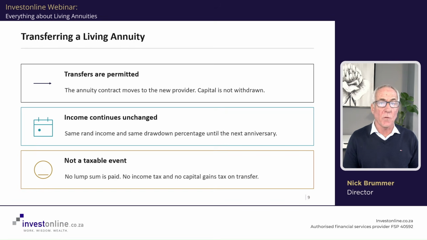It's not changed at all. Then at your next anniversary, you would be able to change your percentage drawdown as well. And it's not a taxable event. So there is a lot of flexibility in transferring a living annuity between different providers.